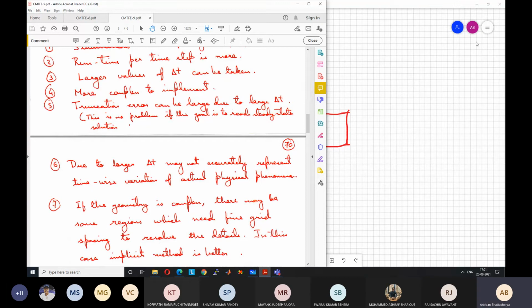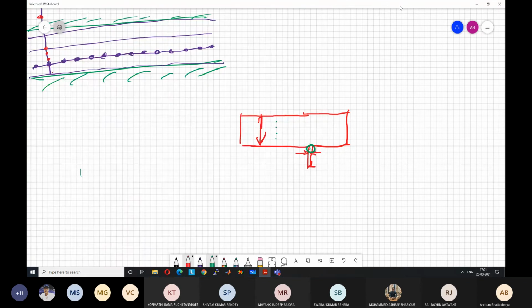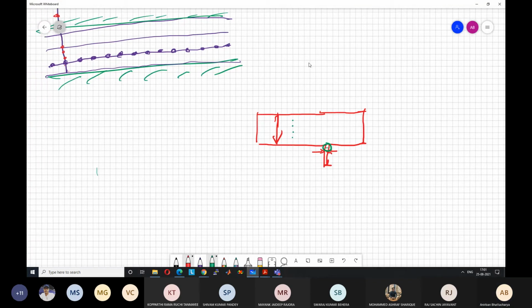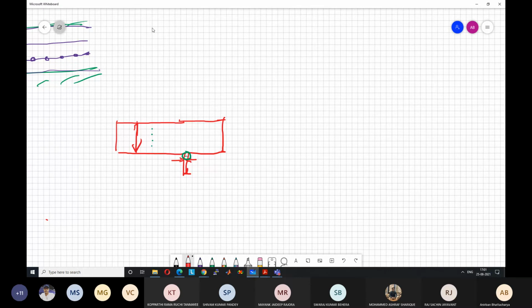Again, if I look at this, actual physical phenomena, this causes always problem. Just a second. So, say some temperature variation is there.